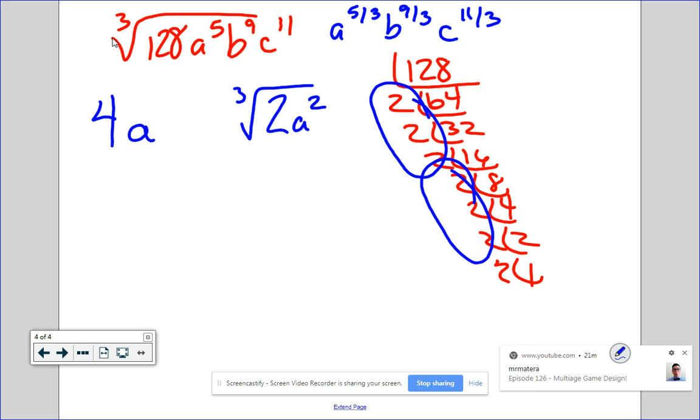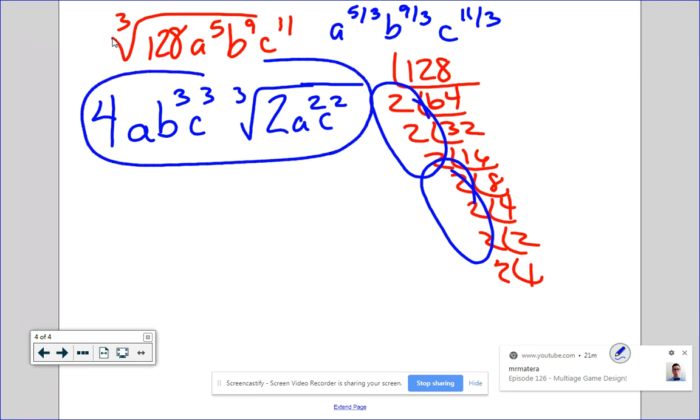No. So does the whole thing go outside or inside? Outside. B to the 3rd. And then there's no b in here because there's no remainder. How about c? Goes in 3 whole times, and then the remainder is 2. Okay? So your final answer is 4a, b to the 3rd, c to the 3rd, times the third root of 2a squared c squared.